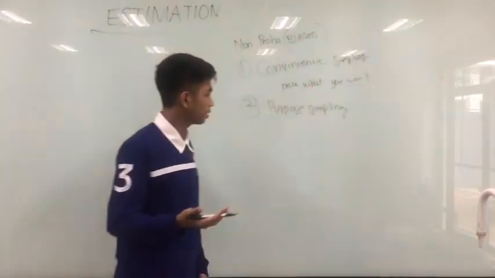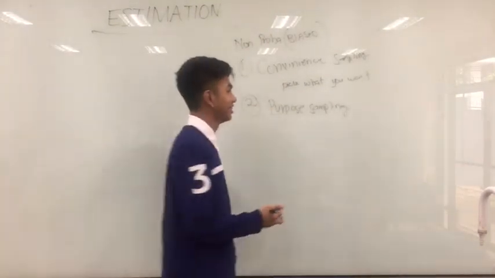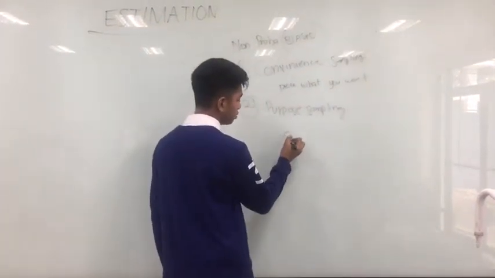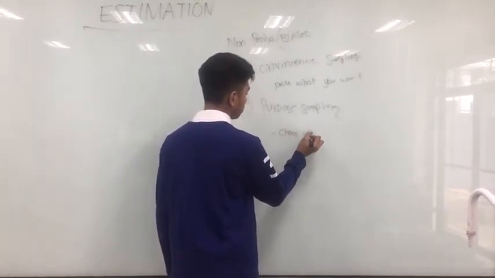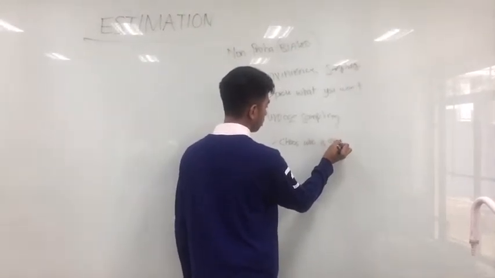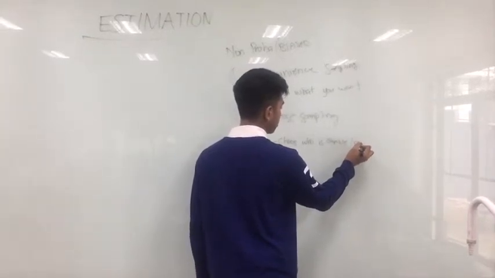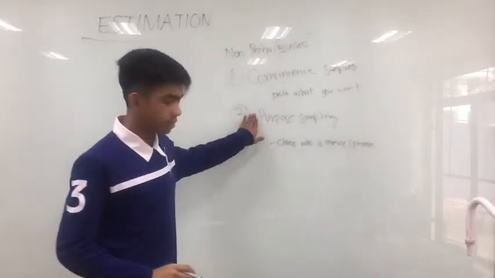You wouldn't get a sample of a bald person because they don't need hair. So purposive sampling is choosing who is capable or according to purpose. So that is purposive sampling.